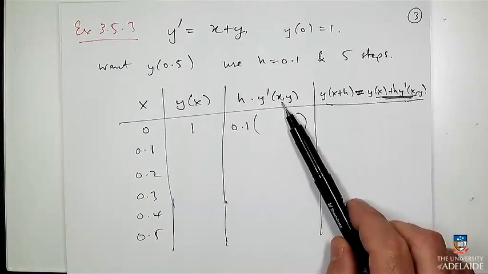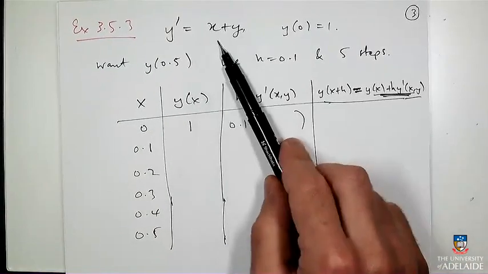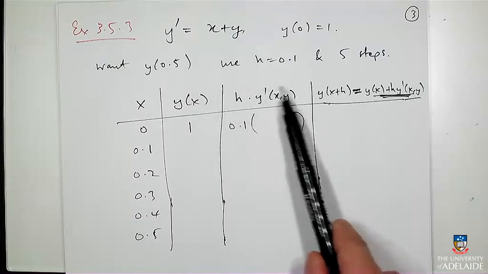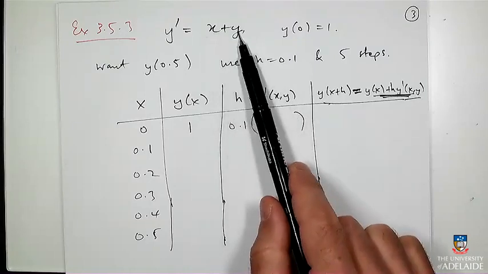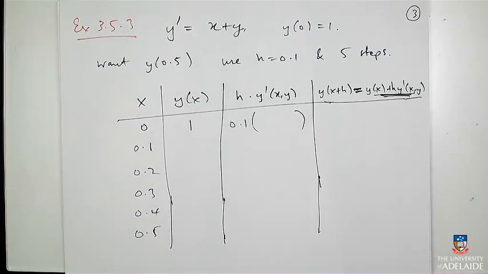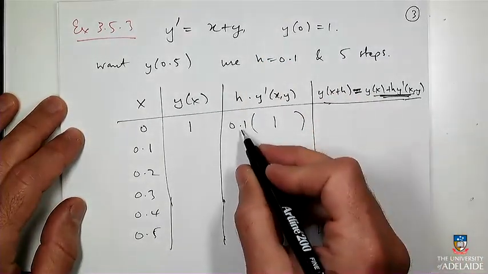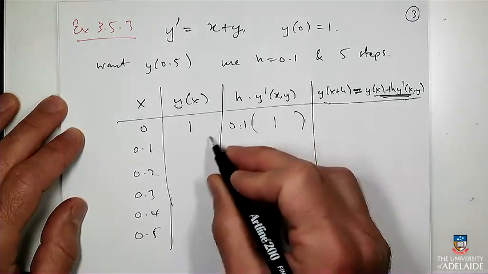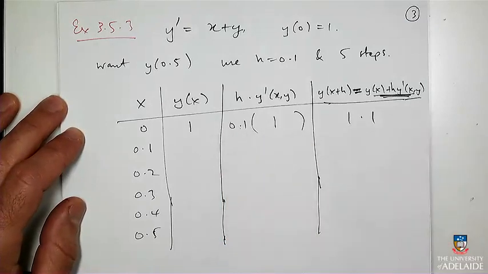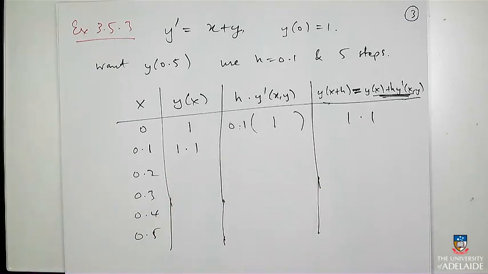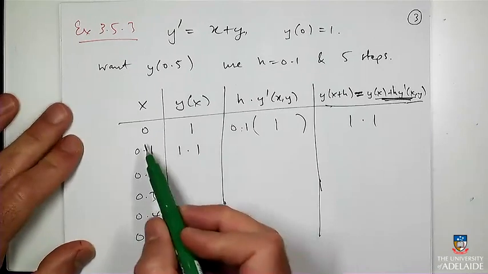The something is what you get by putting these two numbers in this formula. It says h times y dashed. Y dashed is x plus y. Here's x, here's y. So in this case, x plus y is 1. So this is 0.1 times 1, which is 0.1. So this is 1.1. Job done. So that's your next guess. Your next guess for y is 1.1.